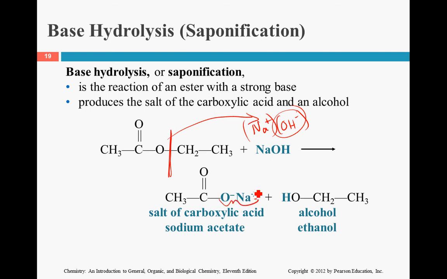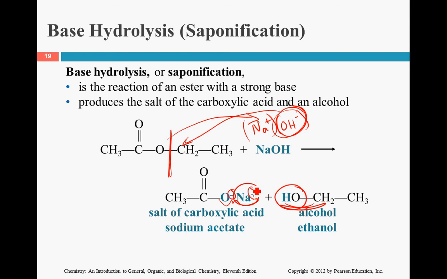And so we have the O and A here. And this OH group then comes over and attaches itself to that CH2. So here's your OH and Na, and they split up the bond.